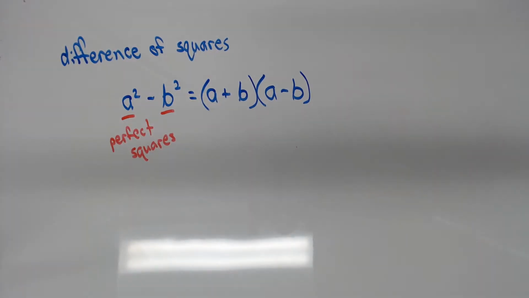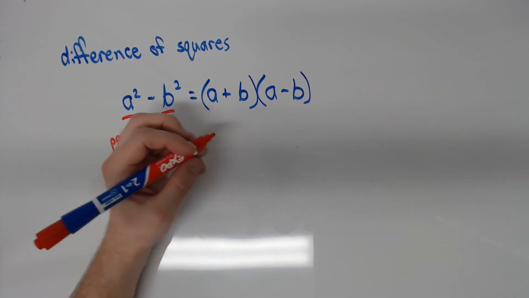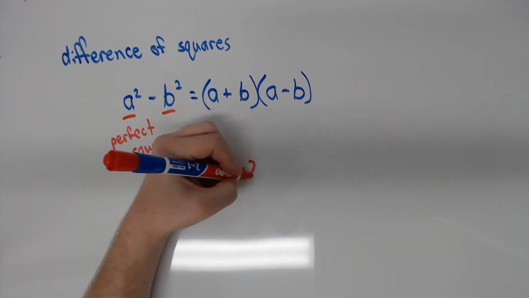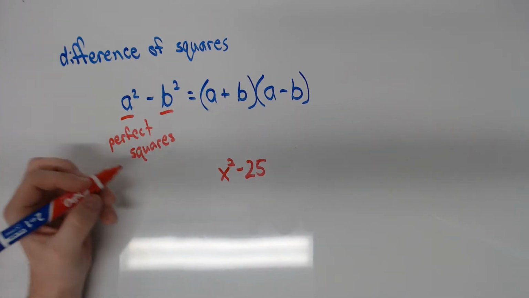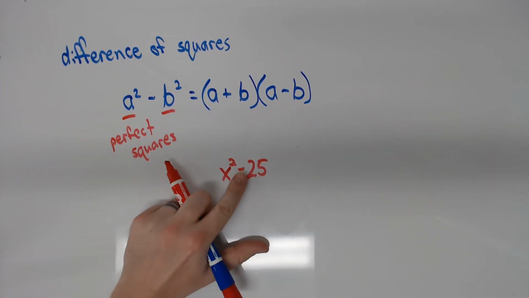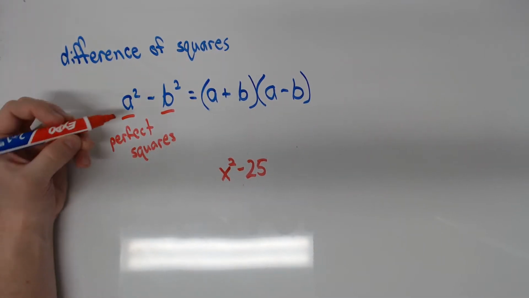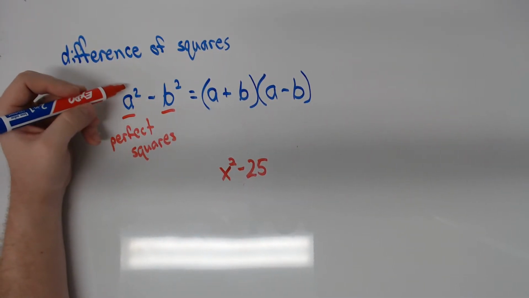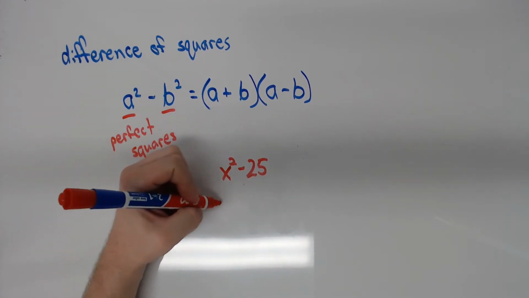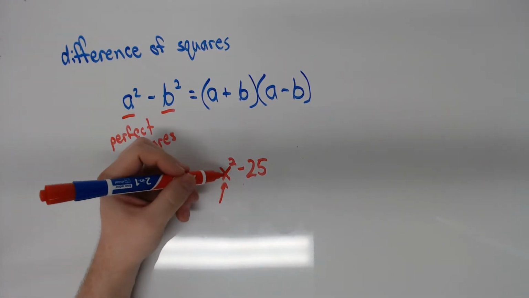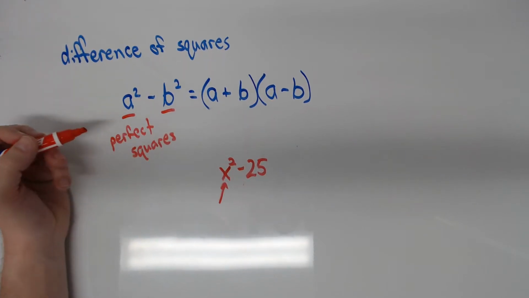So let's look at something that is a difference of squares, x squared minus 25 like we just had before. So we have the subtraction, we've got a difference. What else are we looking for? A squared. Well, what if I just trade the a out for the x? X squared has to be a perfect square because x squared means x times x.